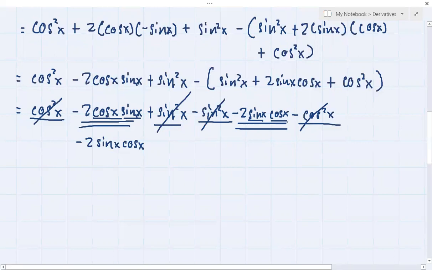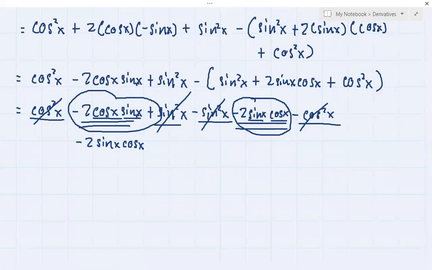Naiintindihan niyo ba ako? Kumbaga kasi, di ba dito sa second term, we have cosine x at sine x. Sa fifth term, kumbaga, we have sine x and cosine x din. So meaning, you can combine them both kasi both of them are similar. Despite na merong silang difference of positioning, still, if you're going to add them together, they are still valid. Pwede pa rin sila ipag-combine.